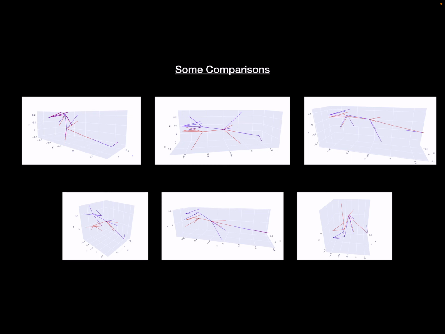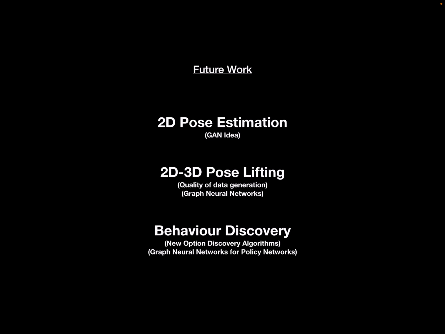Blue was the actual one and red was the prediction. It looks like for the more probable mouse poses, it did predict well, but for the weird ones, it predicted badly. So it's doing a good job and it can be deployed in real life, but it also means that when we're randomizing and generating the data set, the above ones are more likely to occur than the below ones. This is something we need to keep in mind.